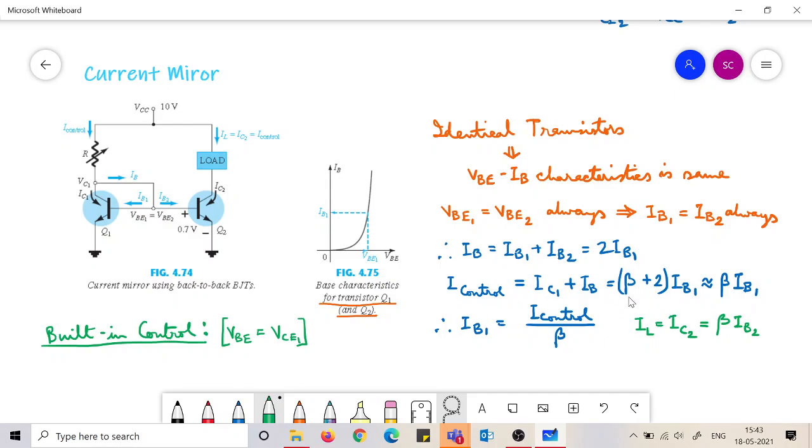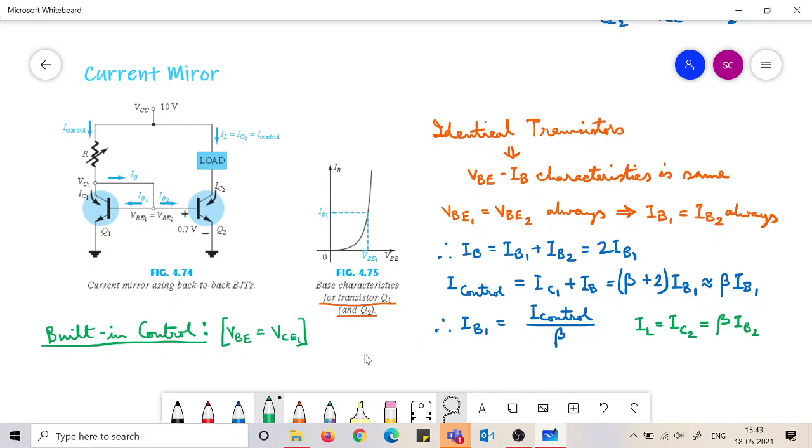Of course, if you do the exact analysis, there is some difference because the control current is beta plus 2 times, whereas the load current is beta times. But approximately we can neglect that very small difference, and we can say that the load current is same as the control current.